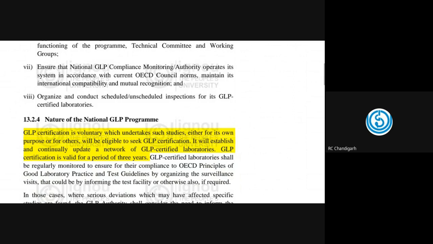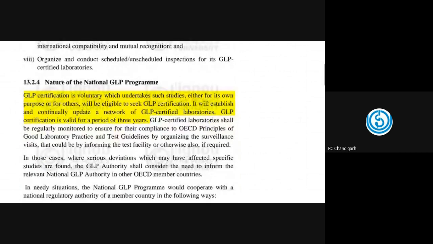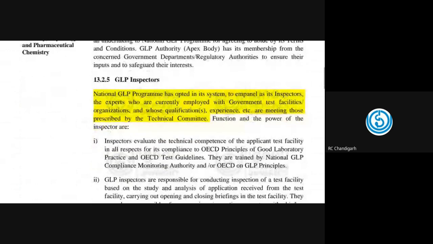And then again, you will have to apply for certification for 3 years following the 3 years. GLP inspectors. The GLP program has opted in its system to impanel its inspectors, the experts who are currently employed with government test facilities and organizations, and whose qualifications and experience meet those prescribed by the technical committee.